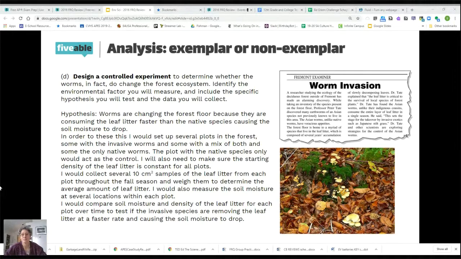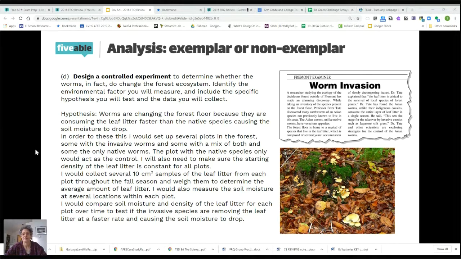Yes, and people are asking me, the hypothesis formula is independent variable, then dependent variable. So I did teach my students that way. They are not going to score it if it's not in this format, but you could try it as well. You could rewrite this in the format of, if there are more invasive worms, then the soil moisture will drop because they are consuming all the leaf litter, which allows the soil to dry up.